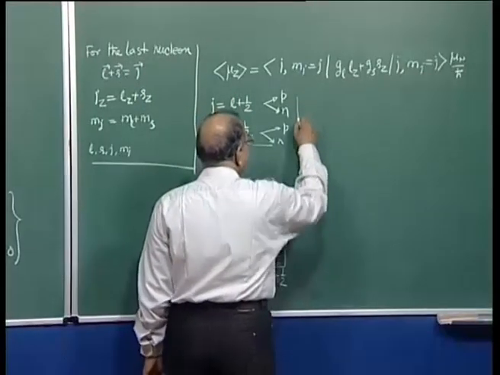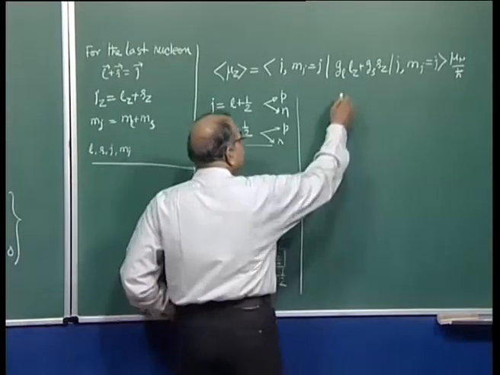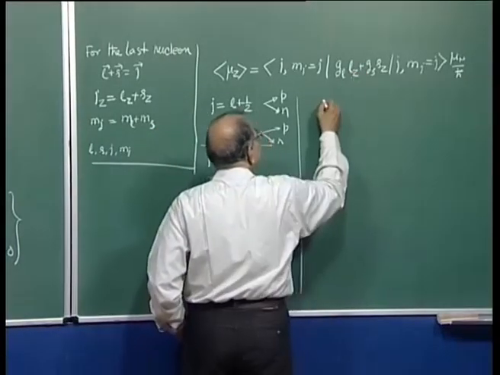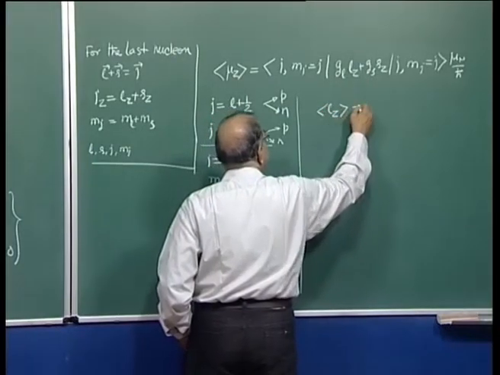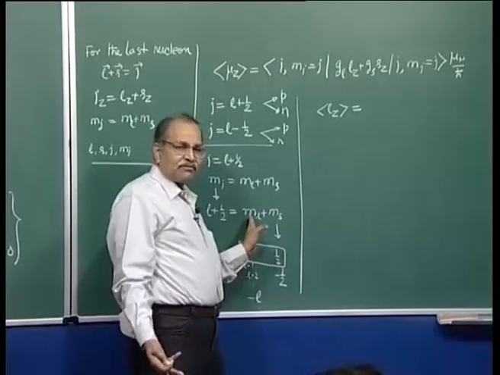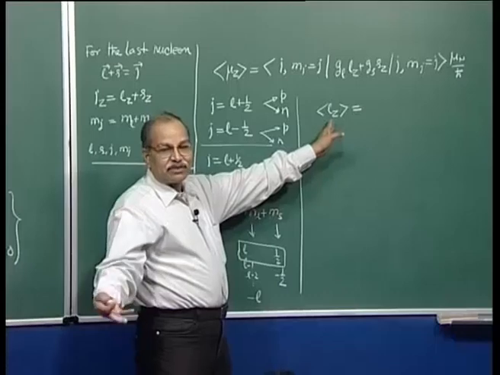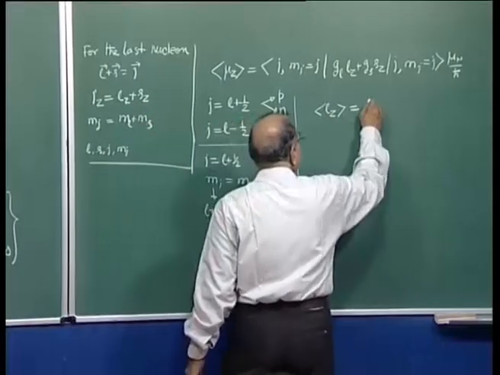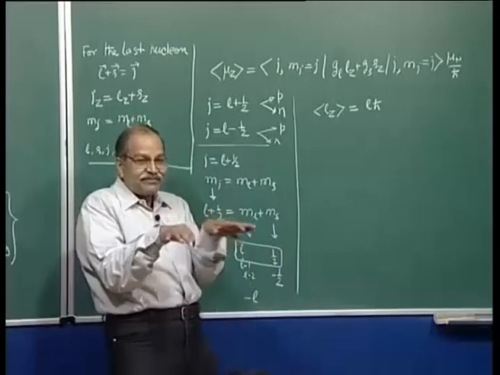If I know that m l is equal to L, then what will the expectation value of Lz be? Because m l has only one value, Lz will have just that m l times h cross, that is, L times h cross. There is no mixing.